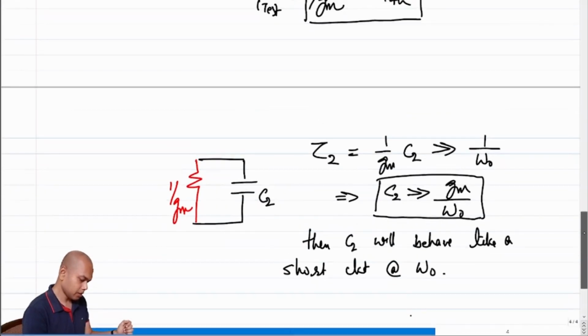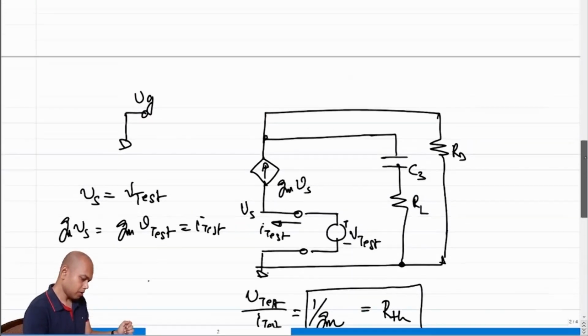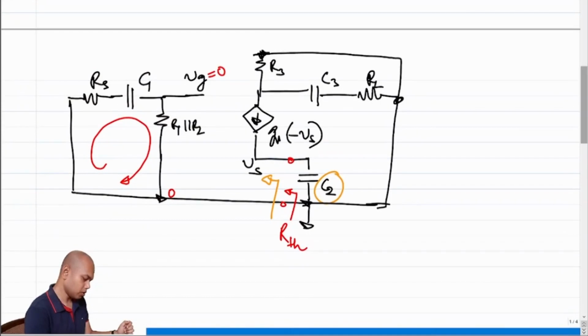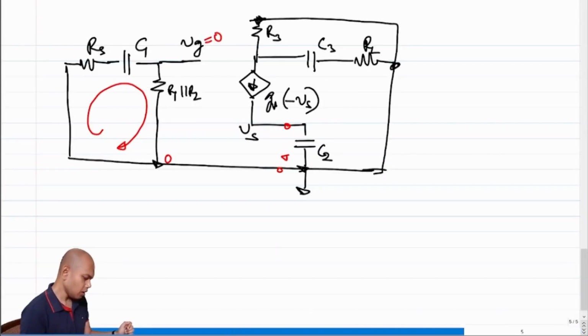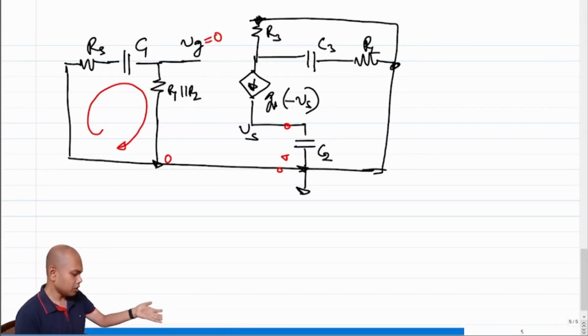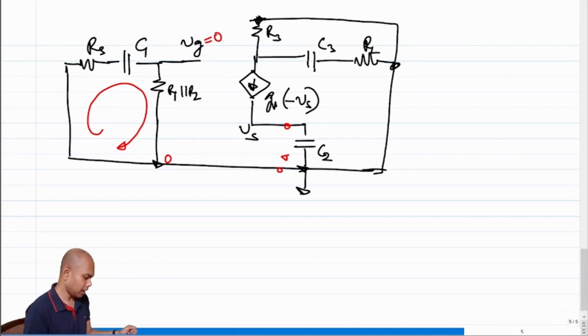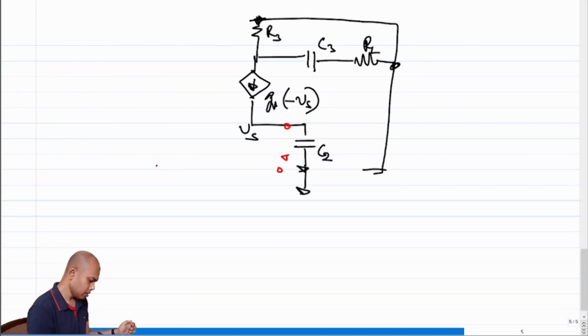Okay. What about then? Let's turn our focus to the capacitor C3, right? So again, for C3, the input side of the network, the input loop doesn't matter, because while we are calculating the time constant, the input side is essentially not there, right? Because I don't have any input, and there is also no connection between the input and the output, I mean directly. So I can essentially remove this. Okay.